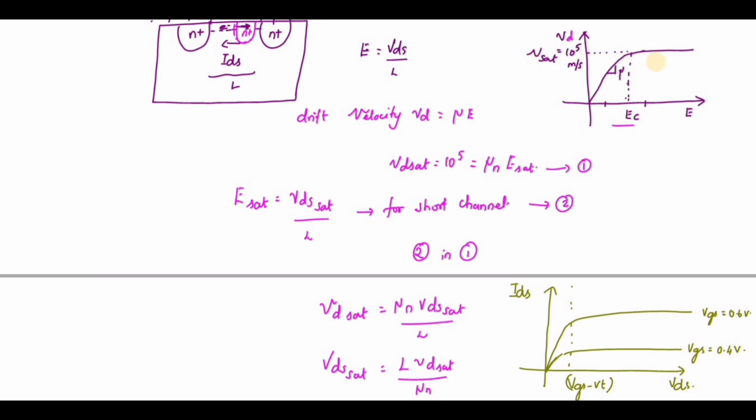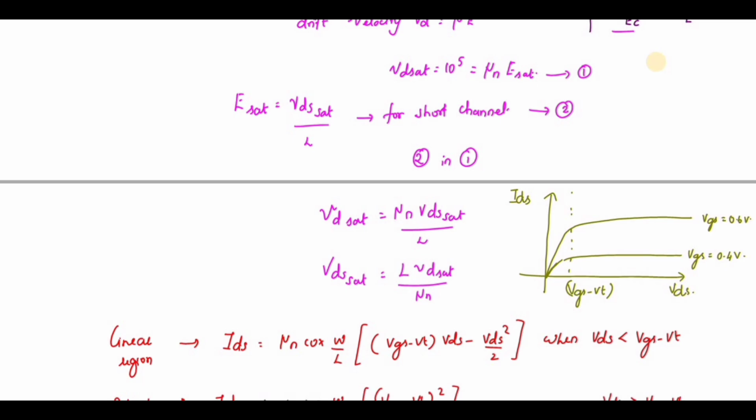Since I am shrinking the length of the MOSFET, it will attain saturation even before this value. It is attaining the saturation value at this point, which I can write as VDS saturation, that is even before VDS equals VGS minus VT.